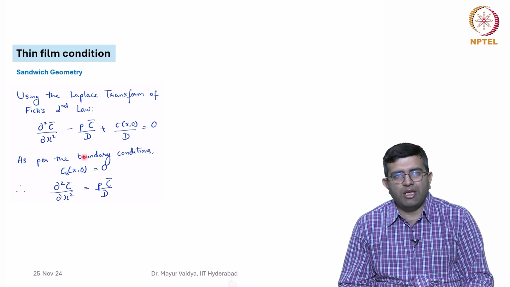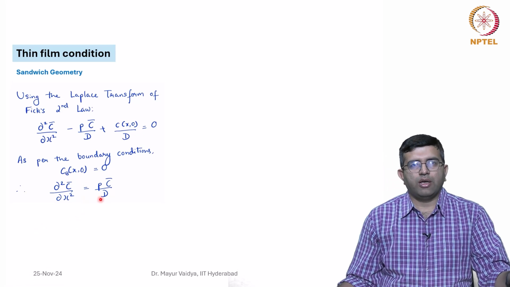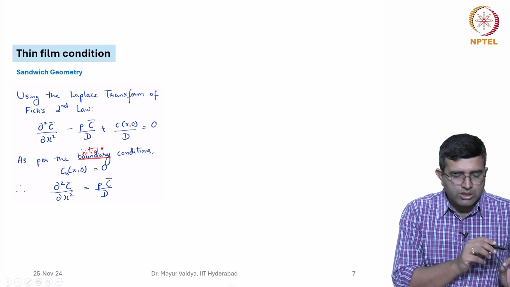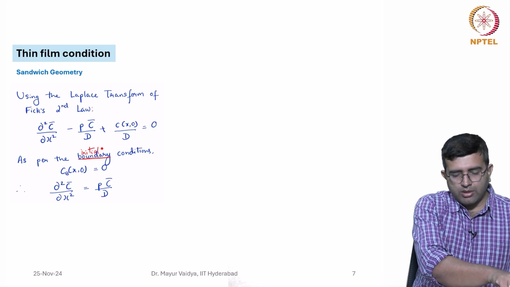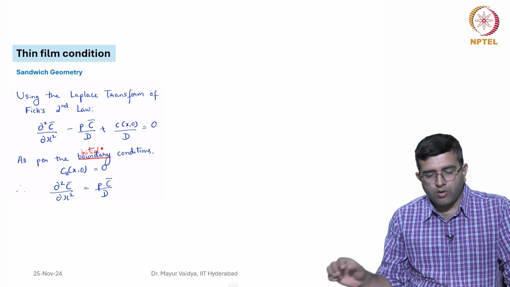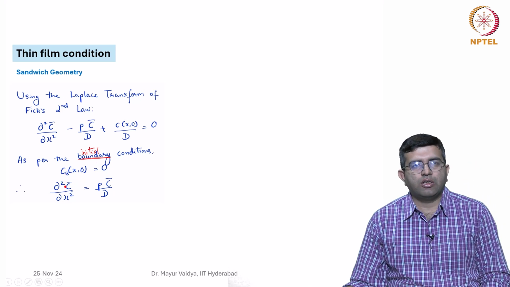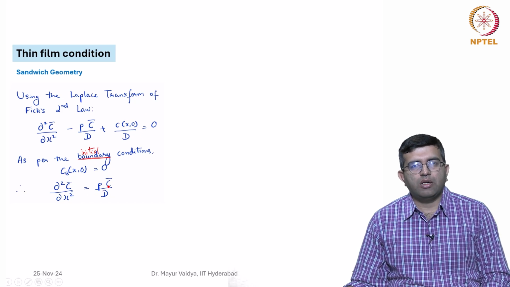Actually, it should be initial conditions; let me correct it. So these are the initial conditions where C_B(x,0) is 0, and therefore what you will have is d²C̄/dx² is simply p times C̄ by D.